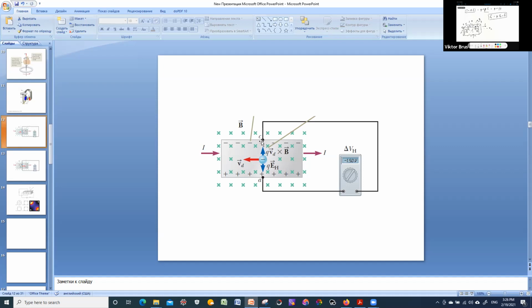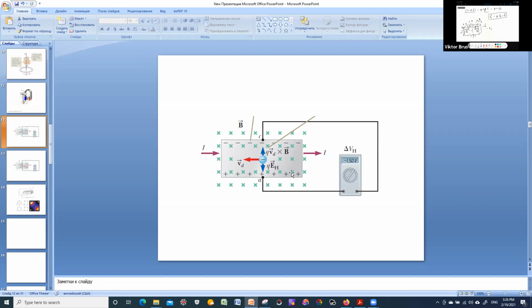Then, as I explained previously, they will be deflected to the upper edge of the conductor, creating some negative space charge, and some positive space charge caused by uncompensated positive charges of ions in the metal crystalline lattice will remain at the bottom edge of the conductor.